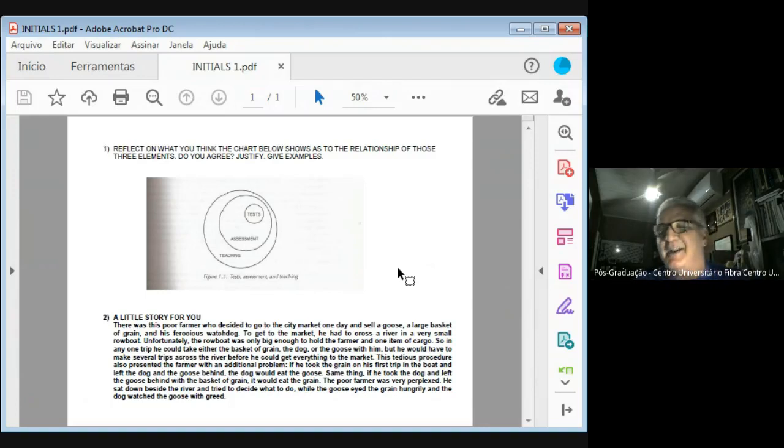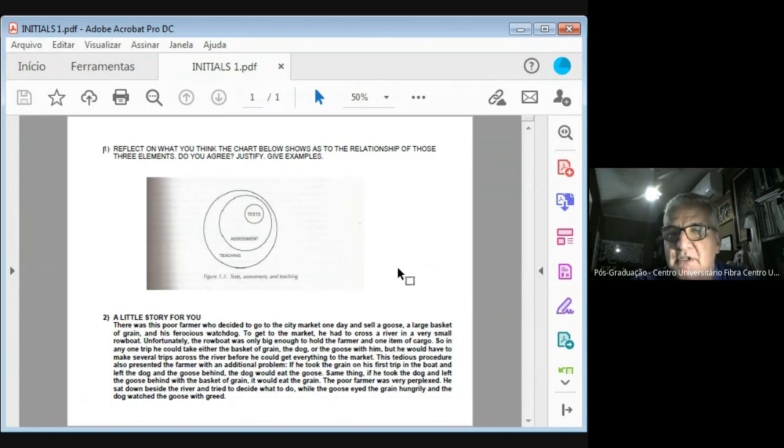No more ideas? There is one piece of information in the story which gives you the key for the decision he took. So you need to assess the story, right?